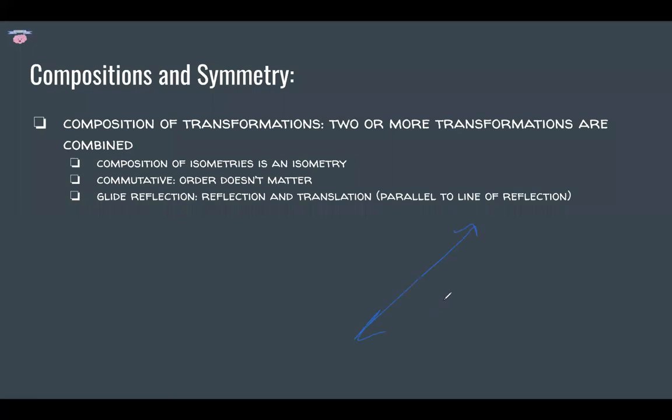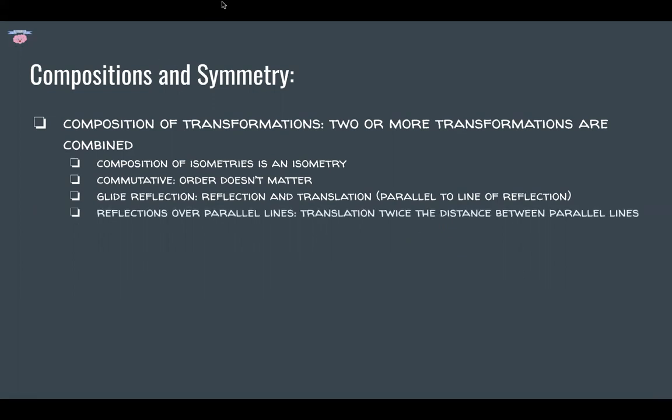So if this is the line of reflection, you first reflect, and then you translate in the same direction as the line of reflection. This is commutative. Reflections over parallel lines are also commutative: reflect first and then reflect again.